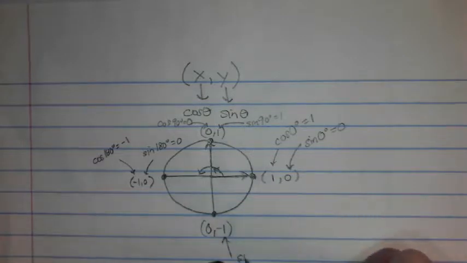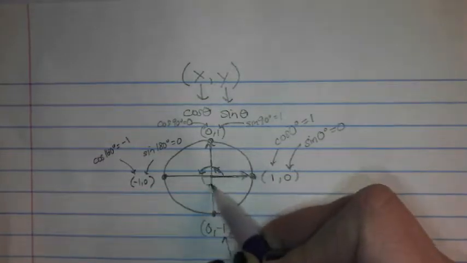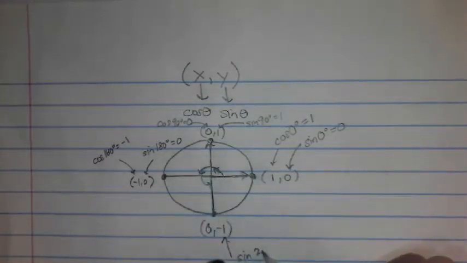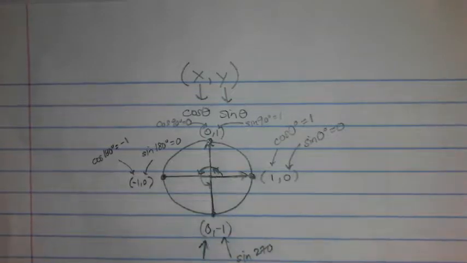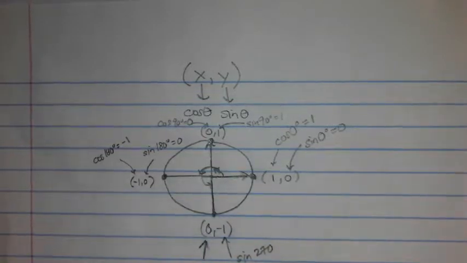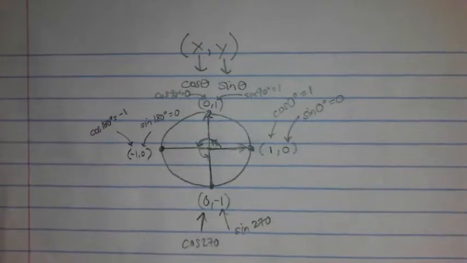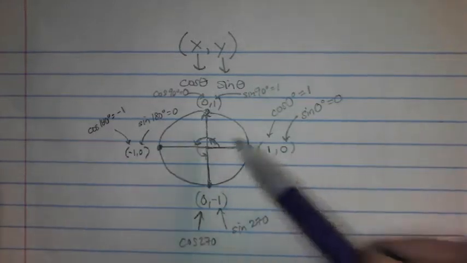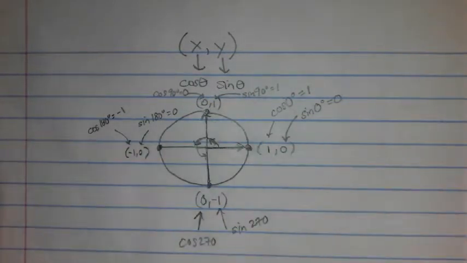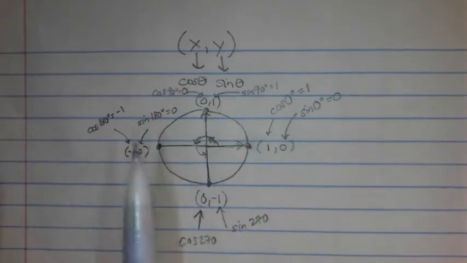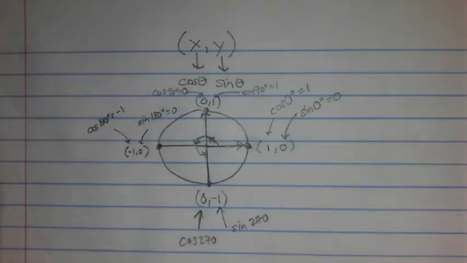What angle measure is this? 270. The sine of 270 is negative 1, and the cosine of 270 is 0. Okay? So we can do that with the unit circle thought with all the 1, 0, 0, 1s, negative 1s, and so forth, and the idea that the x is your cosine and the y-coordinate is your sine. Do we follow? We're going to piggyback off of that today.